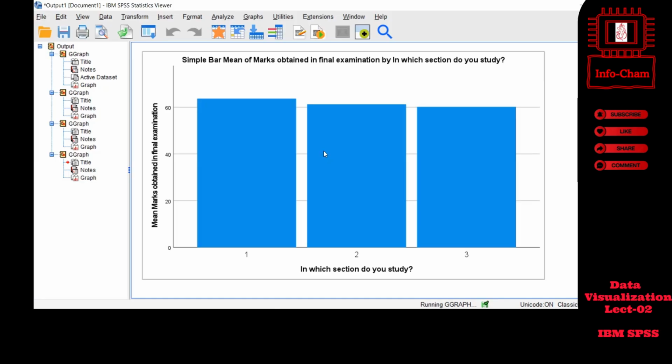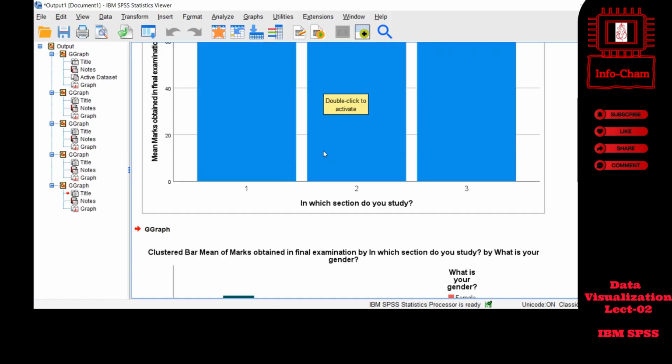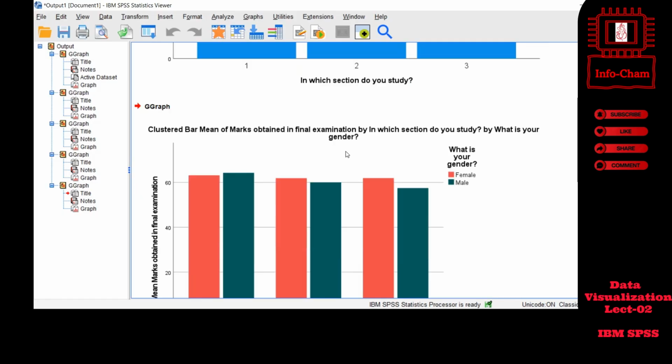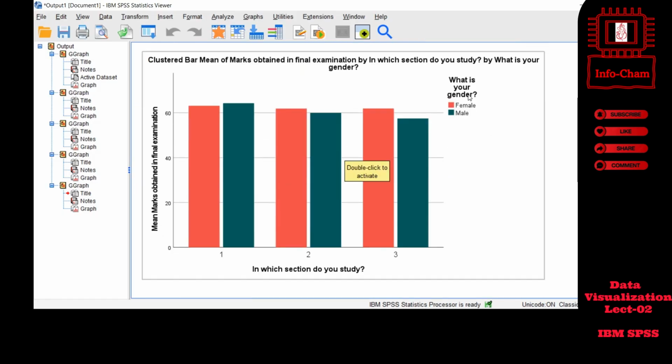Now I can measure with two different variables. Let's see what is your gender. So now I can see female students in section 1 look a little bit lower as compared to male. It is showing from here. In section 2 female students look high, good students, right?